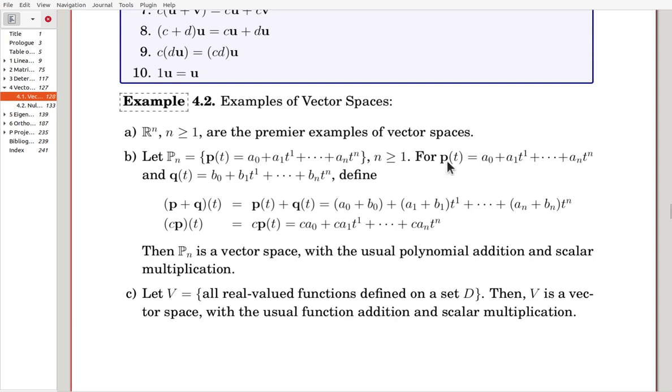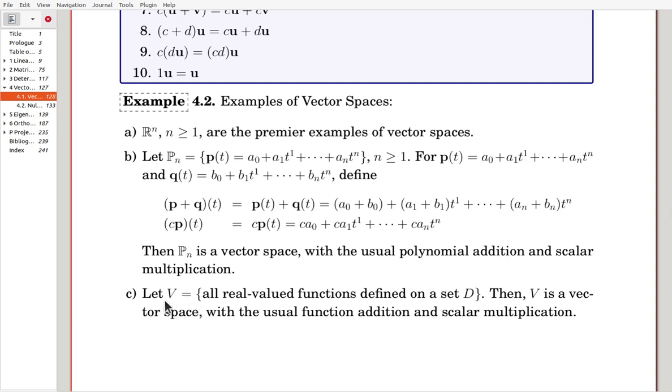If we choose two polynomials from the set, p(t) and q(t), and add them, then again it is a polynomial of degree at most n, so it must be in Pn. For scalar multiplication, again it is a polynomial of degree at most n, so that must be in Pn. So Pn is a vector space with the usual polynomial addition and scalar multiplication.